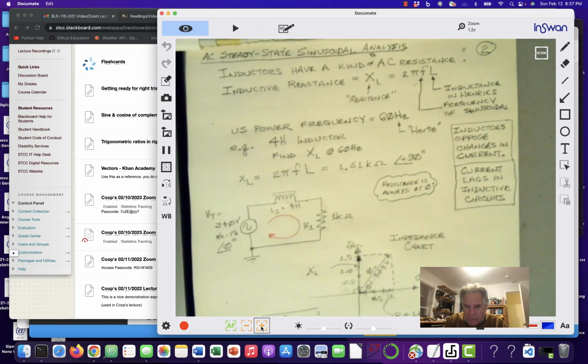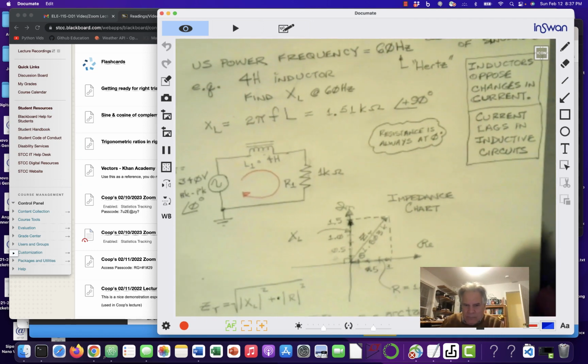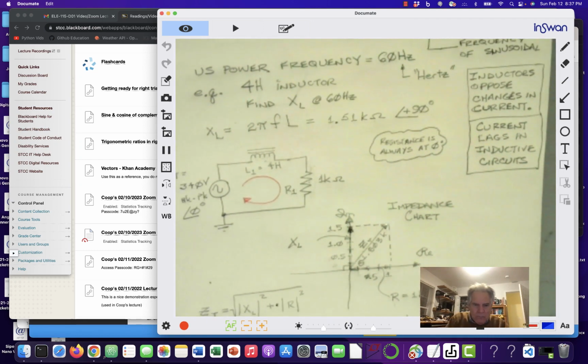Let's see if I can zoom in on this. Okay. I have like 1, 2, 3, 4 ticks to make 1 k ohm. So there's my R1. There's 1 k ohm.